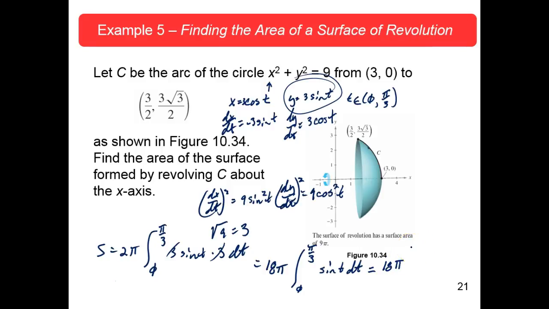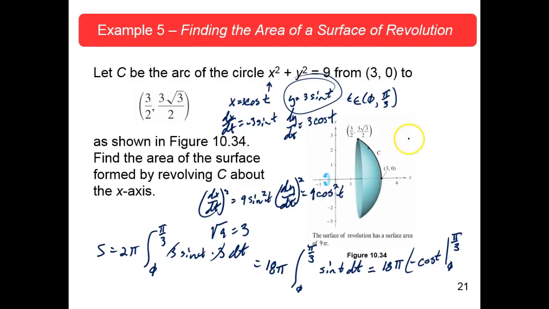And what's the antiderivative of sine t? Negative, right? Okay. Negative cosine t, evaluated from 0 to pi thirds.